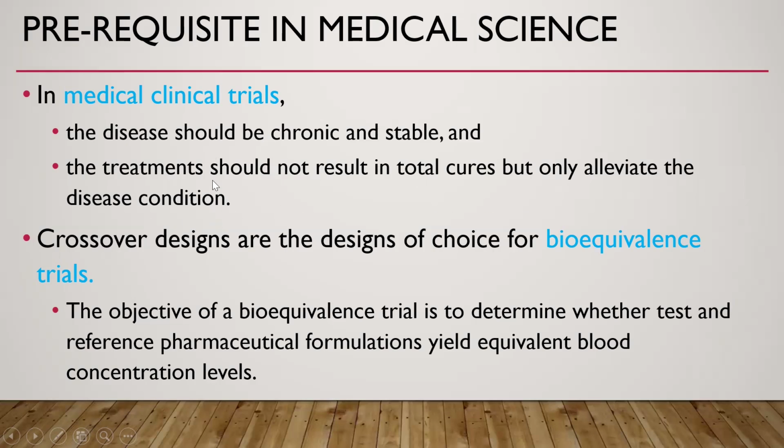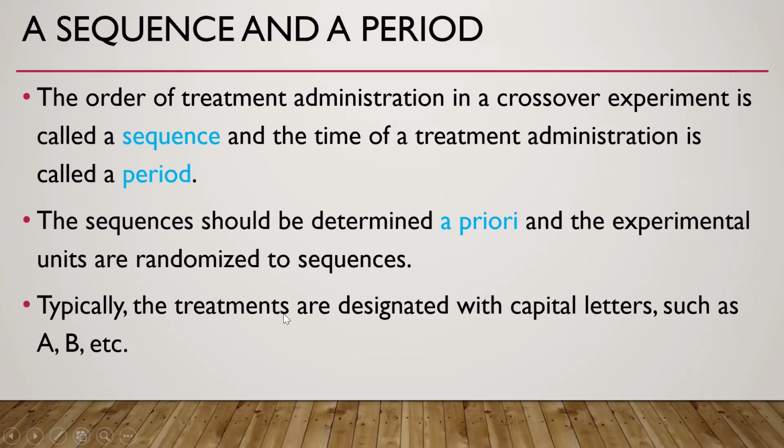So this is a prerequisite. Otherwise, we cannot use crossover design. Crossover designs are the designs of choice for bioequivalence trials also. The objective of a bioequivalence trial is to determine whether test and reference pharmaceutical formulations yield equivalent blood concentration levels.